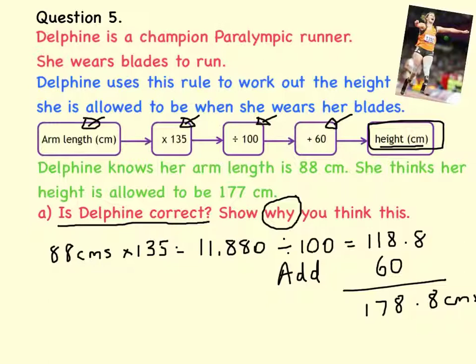So she thinks that her height is allowed to be 177 centimetres. Is she correct? No, she isn't. We've just worked out that she is allowed to be 178.8. So our answer will be no. And we have shown why we think this. It's all you have to do for this question.